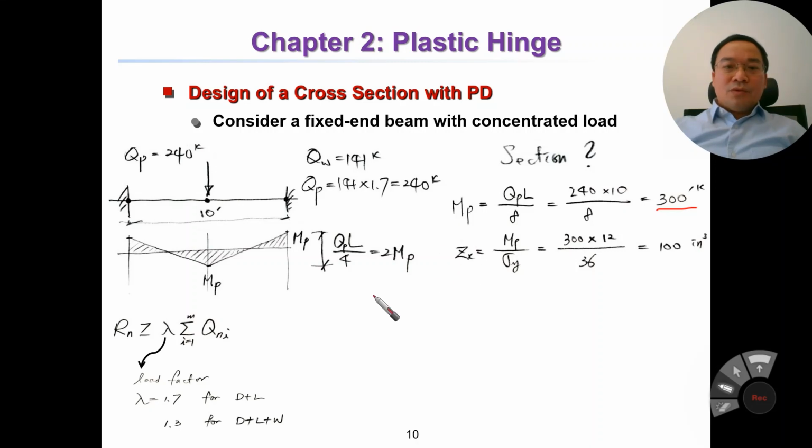Now we can calculate the plastic section modulus. Okay, you have MP equal to the plastic section modulus multiplied by sigma y. And you have sigma y. We assume it is steel, so sigma y equal to 36.